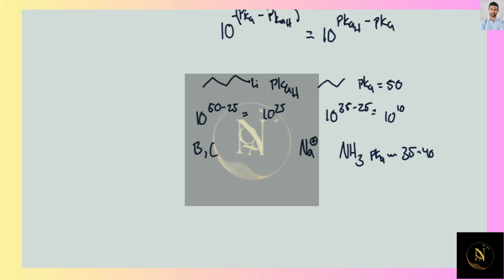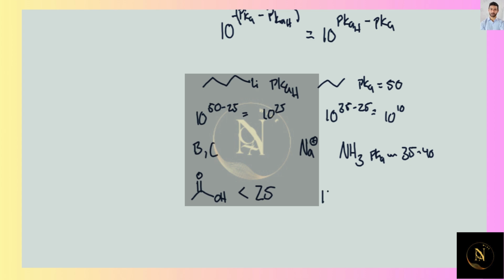Then, jumping ahead, that's B and C. If we look at A, the acetate, the pKaH would be the pKa of acetic acid, which is less than 25, closer to 17.